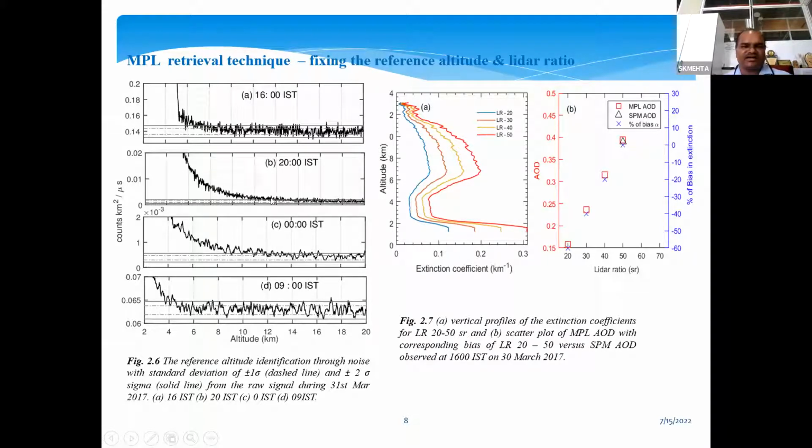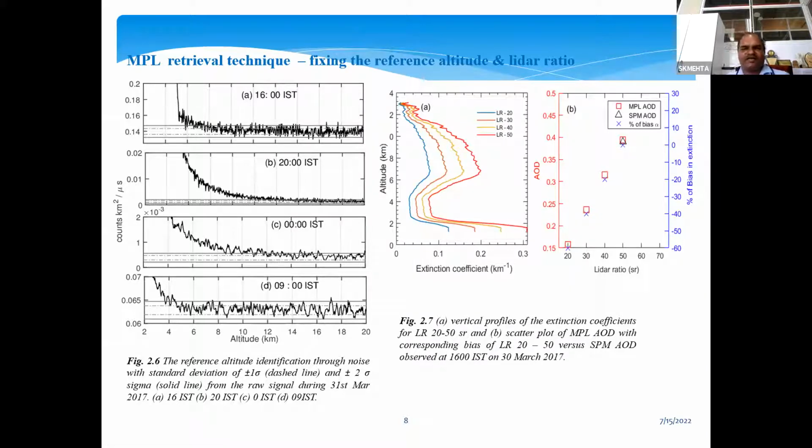If so, we say that the signal is there up to that altitude. Finally, when we calculate the lidar ratio, we had a MICROTOPS sun photometer here. We operated them together and applied an iterative method, so we can get the lidar ratio for a given profile or given day.